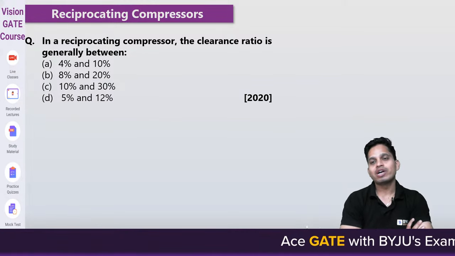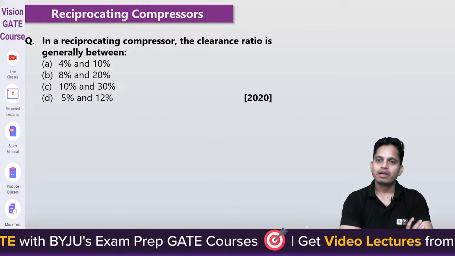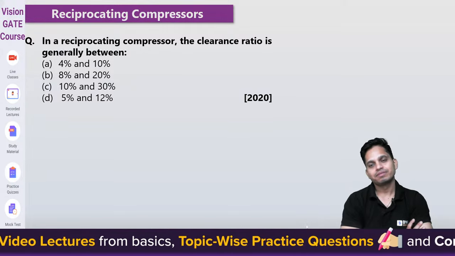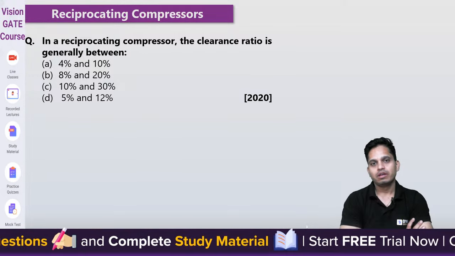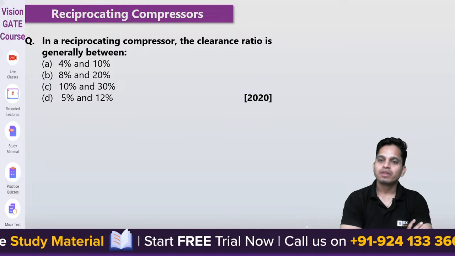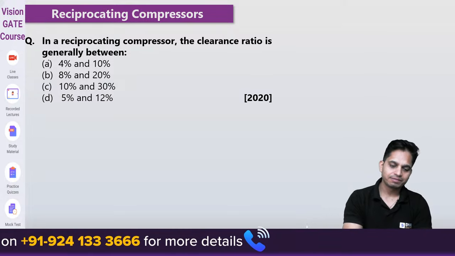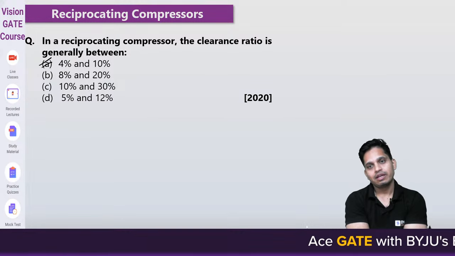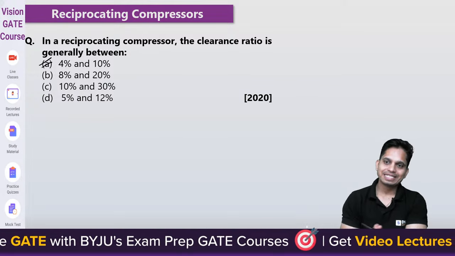Guys, the clearance ratio has a drastic effect on the volumetric efficiency. As you increase the clearance volume, your volumetric efficiency drastically decreases. But still you need clearance volume. Why? Minimum 4 to 10, not more than that. 4 to 10. In fact, even 10 is very high. But this is the minimum range that they have given us. Okay. Yes, A is correct.